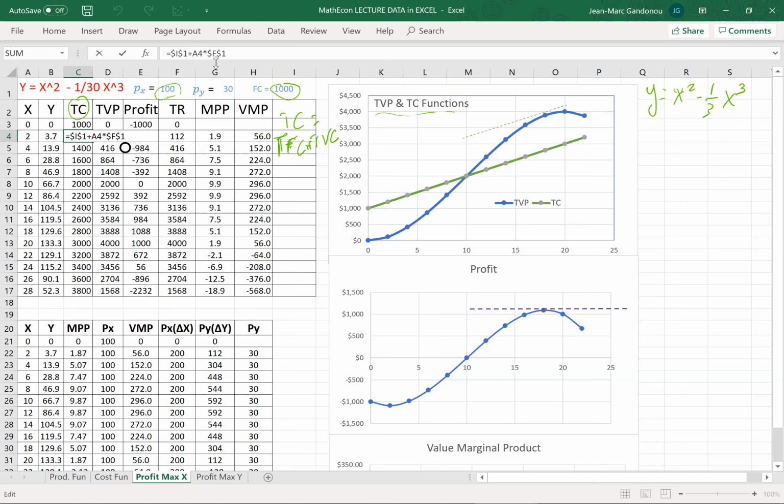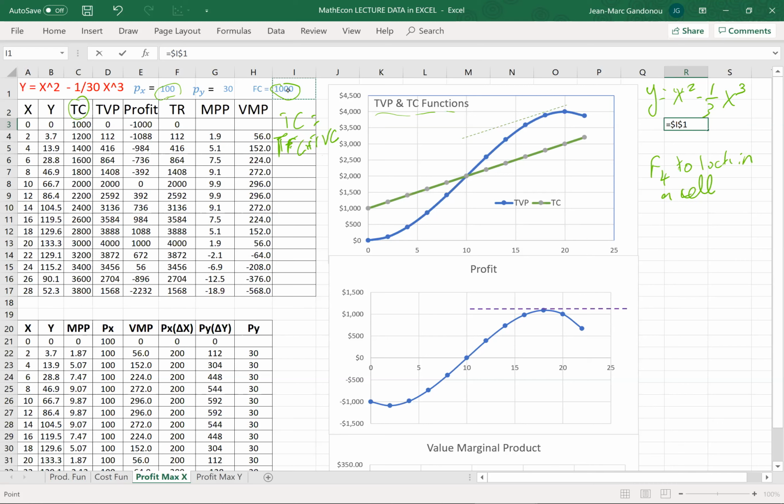So if I need to show you differently to get that result, I type equals. Total fixed cost is 1,000, so I click on the cell I1, and then I press the function key F4 to lock in a cell.